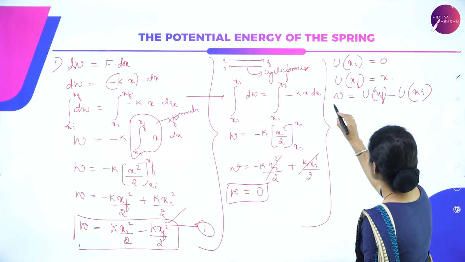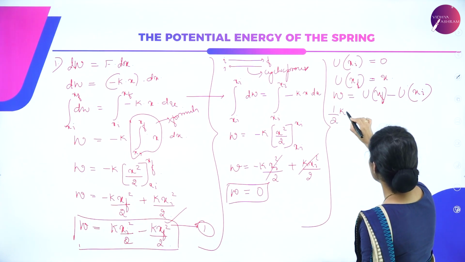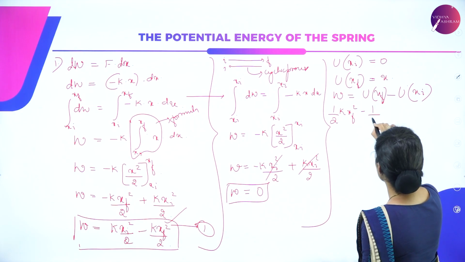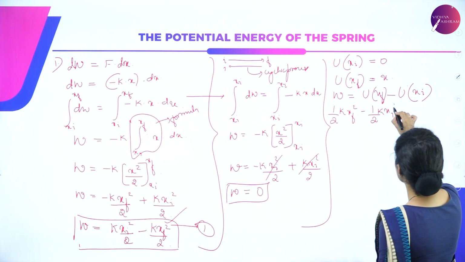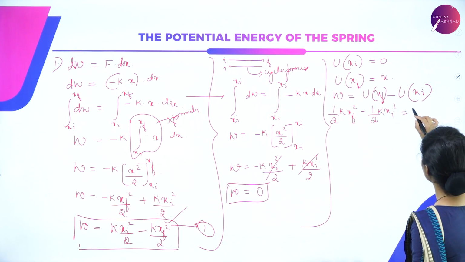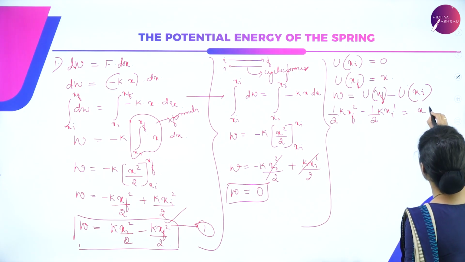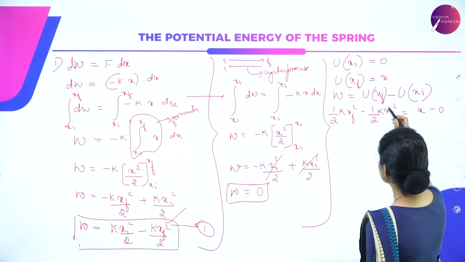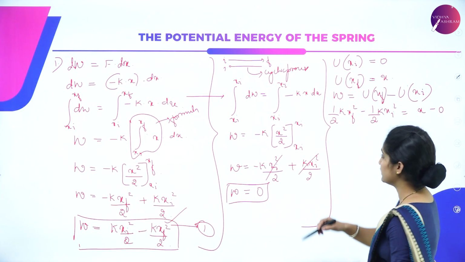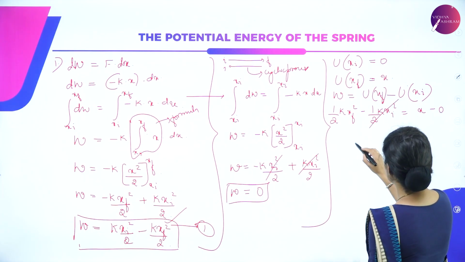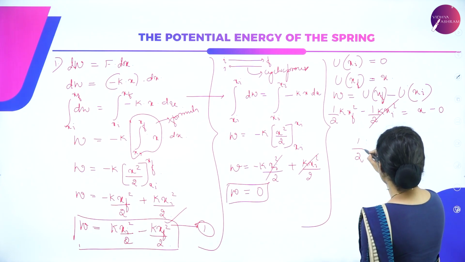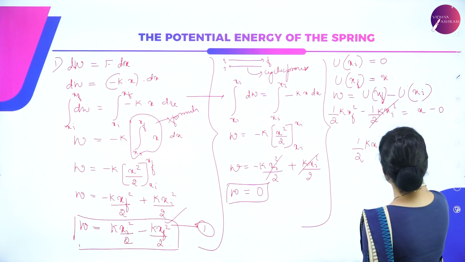So the work done turns out to be half k xf square minus half k xi square is equal to U of xf minus U of xi, and this is nothing but 0. Since xi is the initial condition, it turns out to be 0. So this goes away itself. So we have half k x square equal to U of x itself.